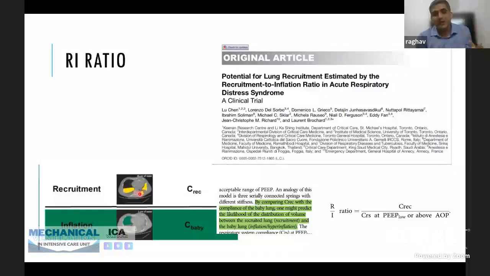So with this maneuver, we try to find the ratio of volume which goes to recruitment to the volume which goes to inflation. If the ratio is more than 0.5, that means the PEEP is causing more recruitment than hyperinflation, and higher PEEP should be applied in these patients.